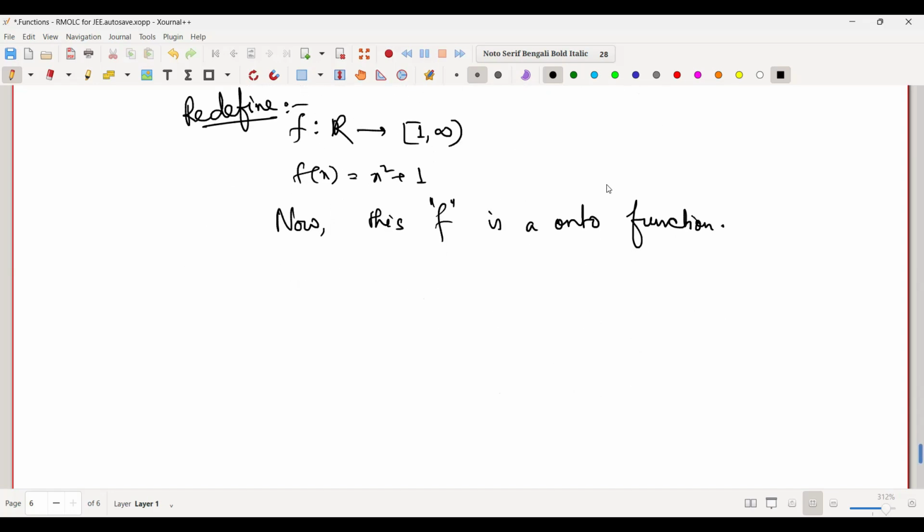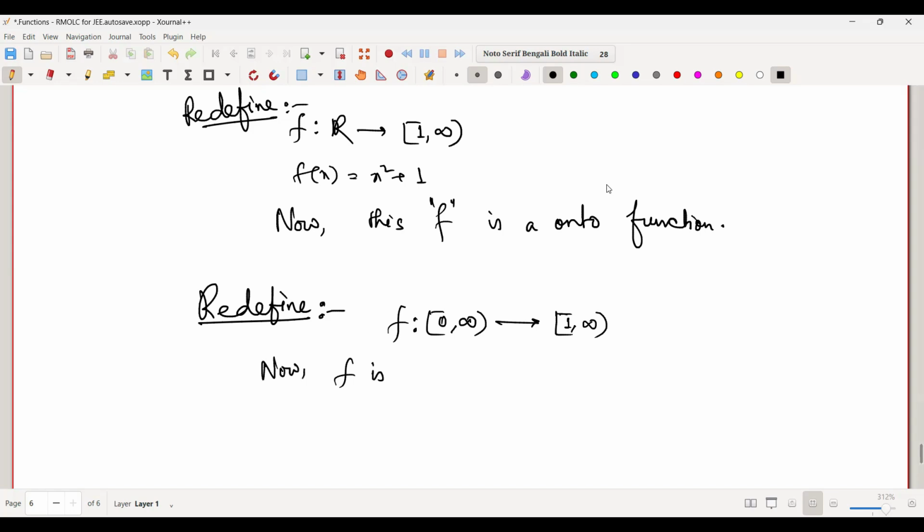Now again we can redefine the function to make it one-one. Now f is from closed 0 to infinity to closed 1 to infinity. Now see, this function is one-one and onto. Now f is a one-one and onto function, that means a bijective function.